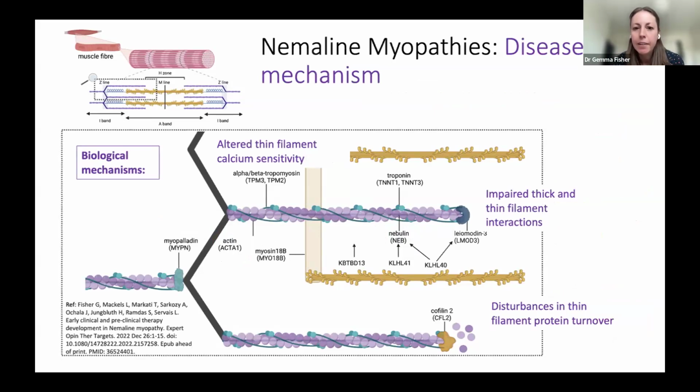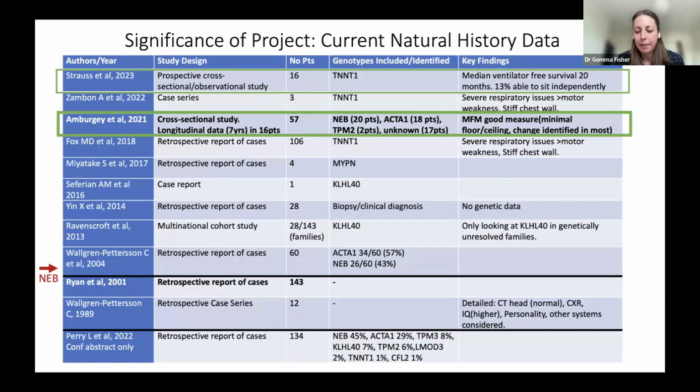And then there's impaired interactions between the purple and the yellow sliding mechanism. So it's like the sliding door, the rails or the door might not slide along properly. And then there's also disturbances in protein turnover. So if you break the rail or break the door, you might not be able to replace it very easily. So that's a rough scientific background.